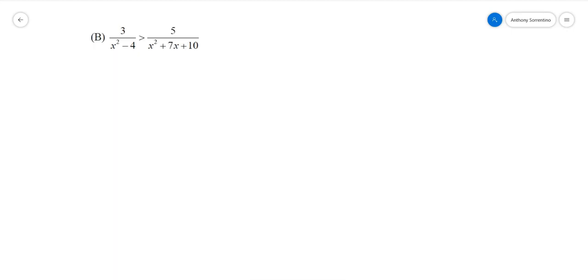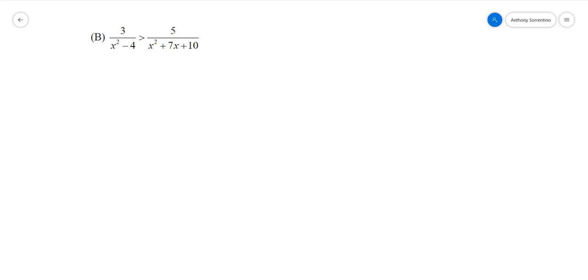For part B, again, I want to have an inequality that's set to 0. It's not going to be the one I do most of the math on, as far as manipulation to solve the inequality, but it is going to be one that I use to determine positive versus negative.